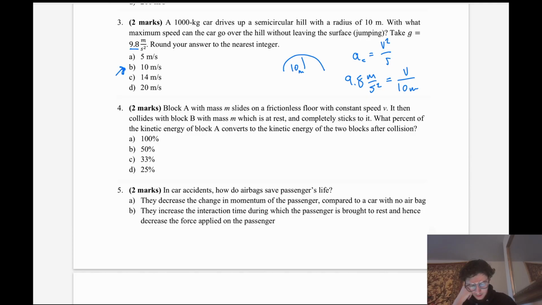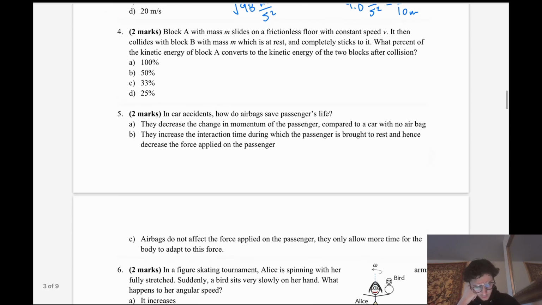But that doesn't make sense because 9.8 times 10 is 98 meters squared per second squared, and then you square root this, and the square root of 98 is around 10. So maybe that makes sense. I'm going to put my answer as maybe 10, but I'm not going to circle it because I'm a bit confused. So I'm going to keep going.